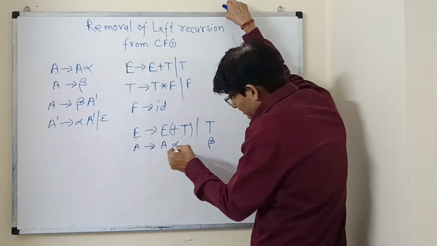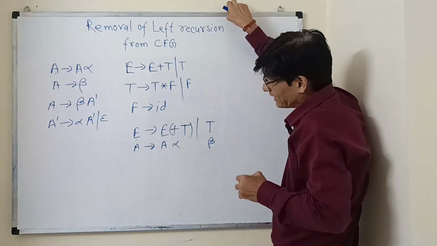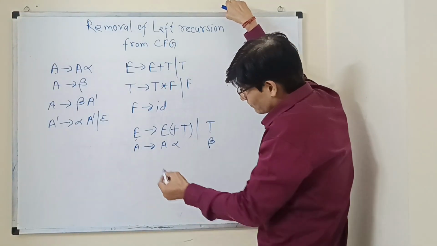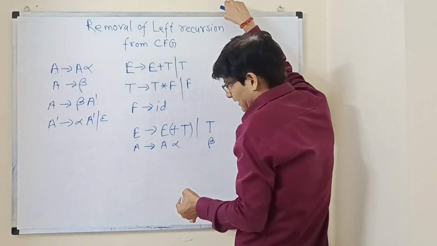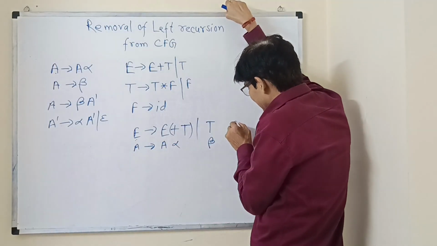Now, if I convert this left recursive production into a right recursive one, how would we do it? We will add one more variable. As we are converting all productions of E into right recursive productions, I can use E dash here.